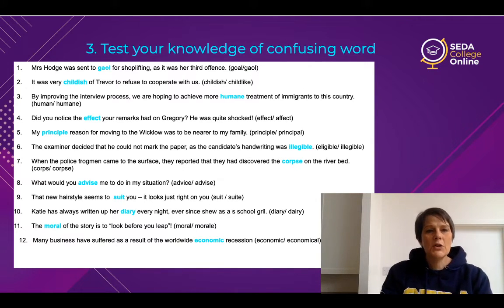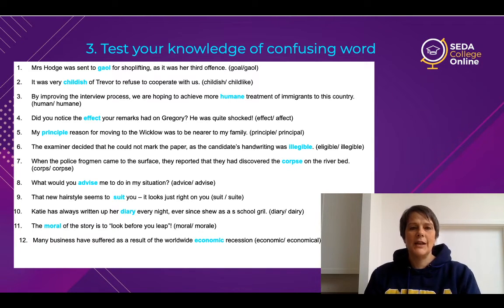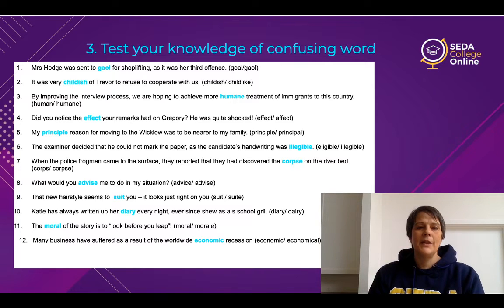So Miss Hodge was sent to jail. Jail is spelled G-A-O-L for shoplifting. It was very childish of Trevor to refuse to cooperate. So childish means that you're immature, and childlike is then different.